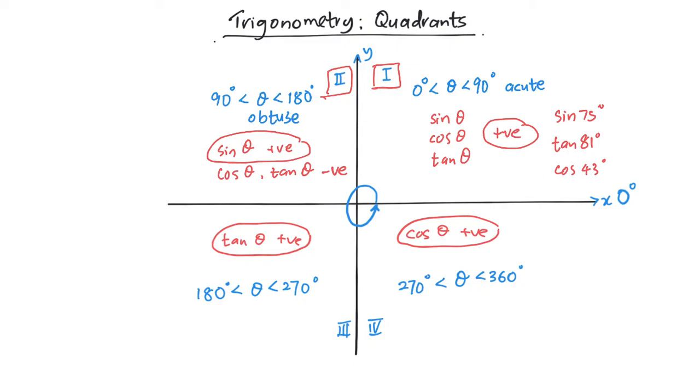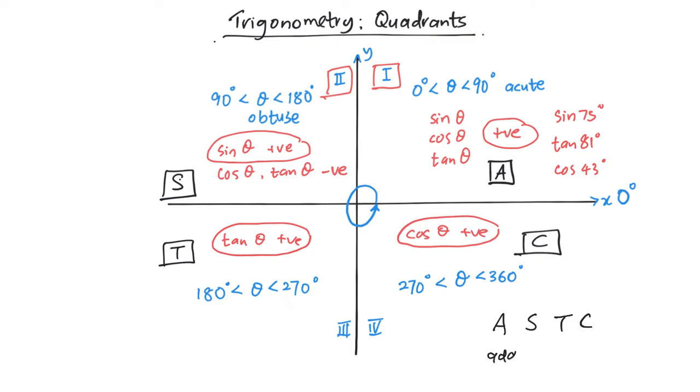Okay, here we can summarize. This is all angles positive, all sine, cos, tangent, and this is sine positive, and this is only tangent positive, and this is only cosine positive. So ASTC. We can make an acronym: add sugar to coffee.